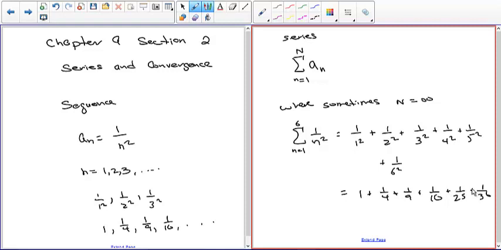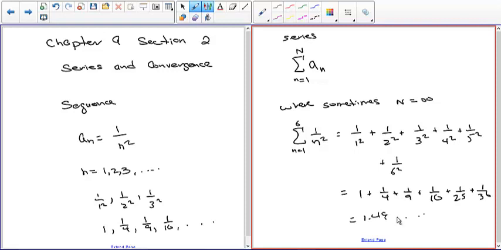I don't know what it is. I guess I could do it on my calculator. So this has an actual number. So 1 plus 1/4 plus 1/9 plus 1/16, plus 1/25 plus 1/36, and so I get a number, 1.491.